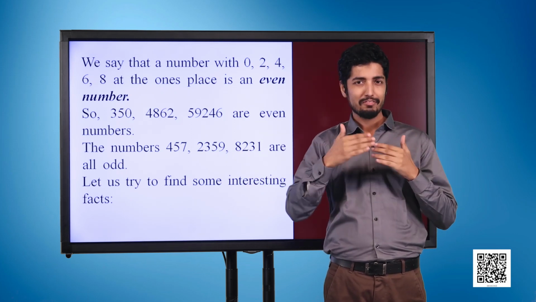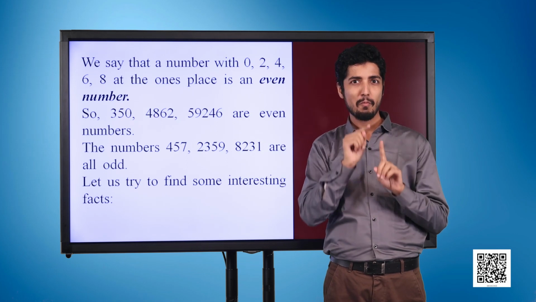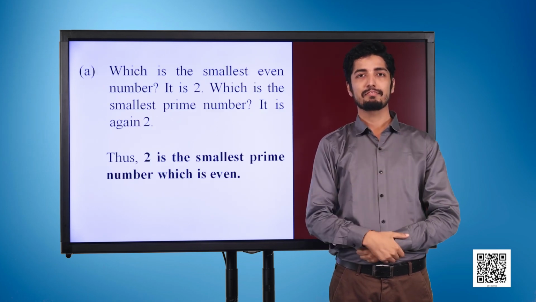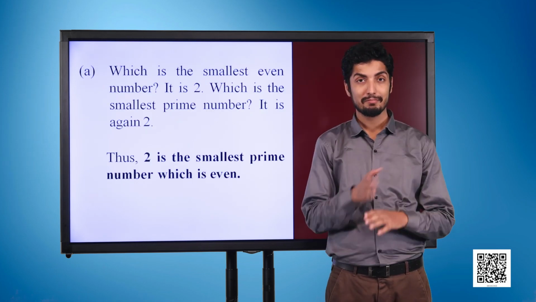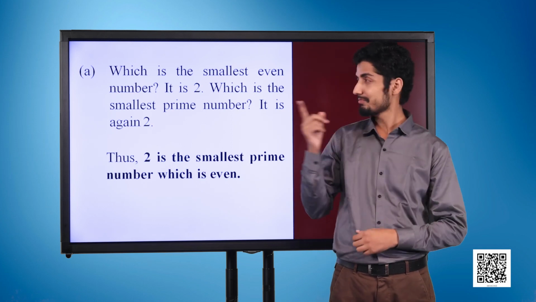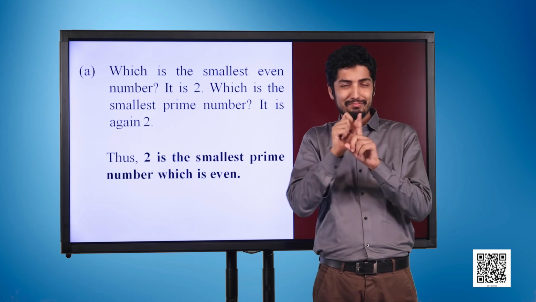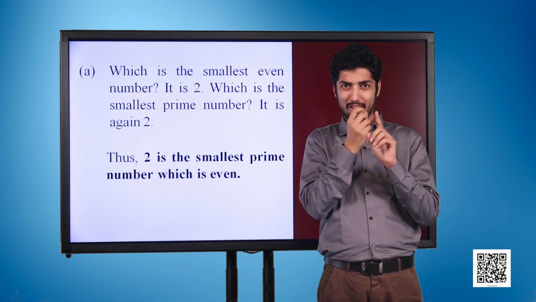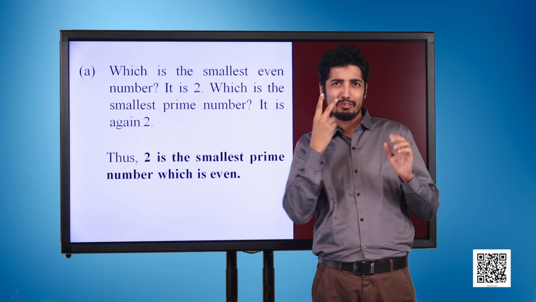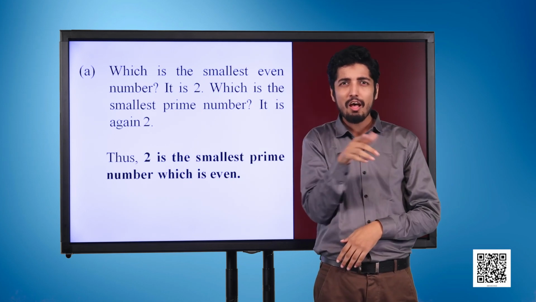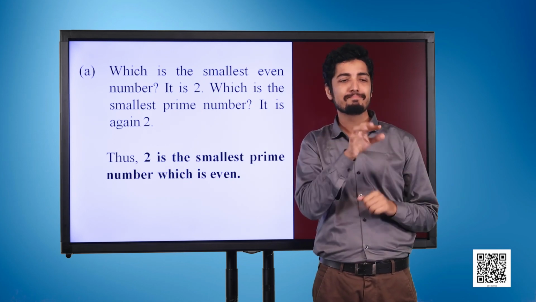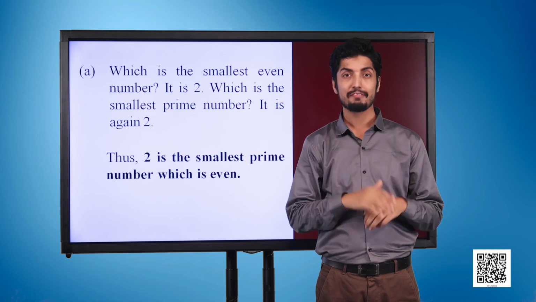Let us try to find some interesting facts. A. Which is the smallest even number? It is 2.